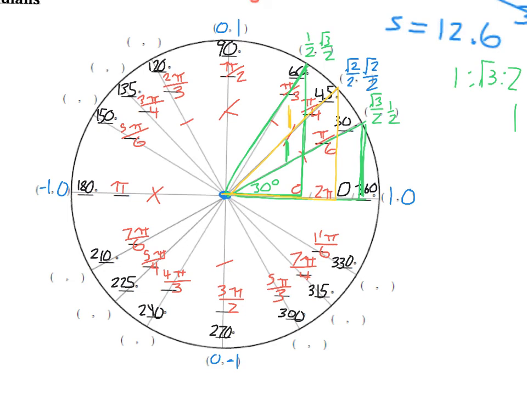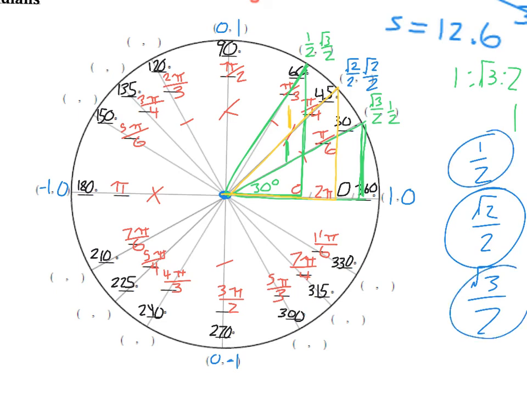Alright, so some key lengths that you need to remember are 1/2, rad 2 over 2, and rad 3 over 2. This number is always used for the middle spots. And then 1/2 and rad 3 over 2 always go together.